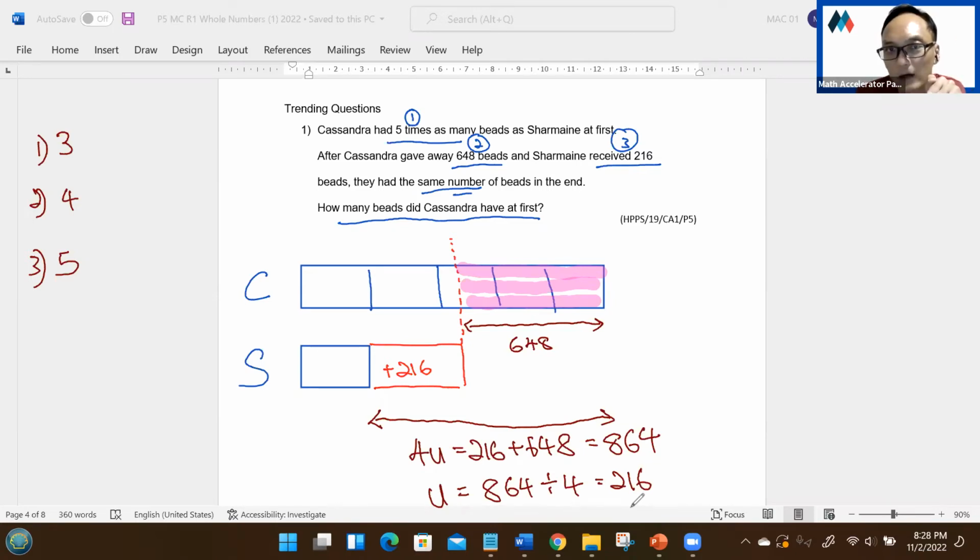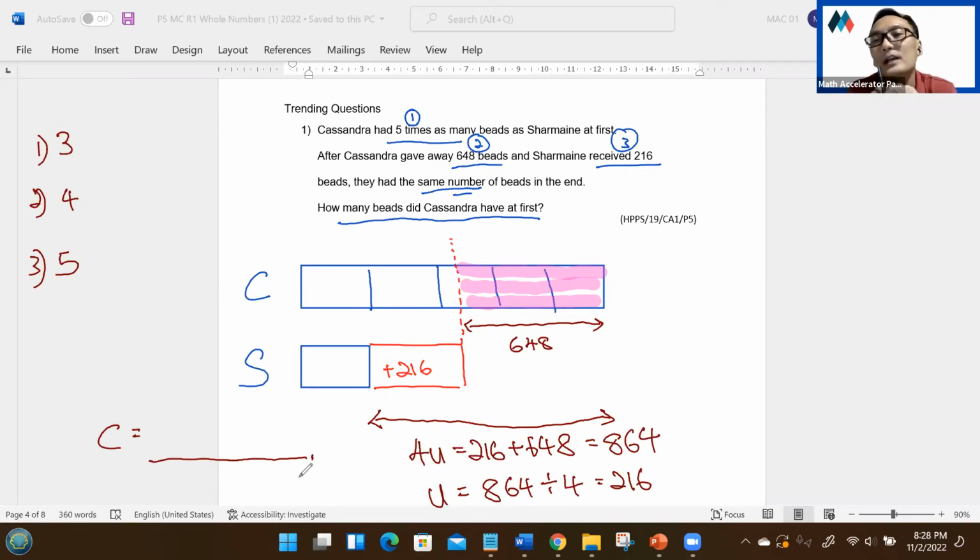So then we need to find out how many beads Cassandra had at first. Can I give you a minute? You look at my model, you read the question. We already know that 1 unit is 216. How many beads does Cassandra have? Work it out and share your answers with me.